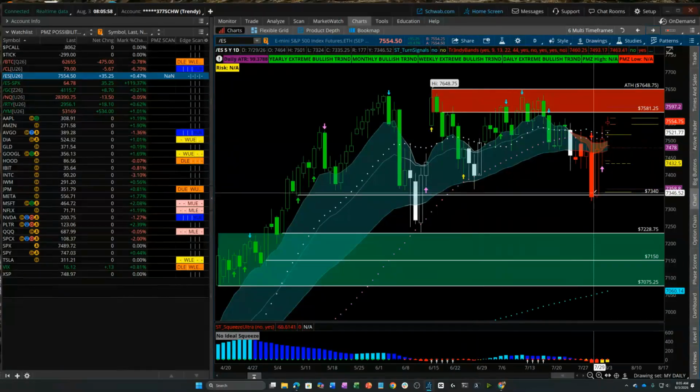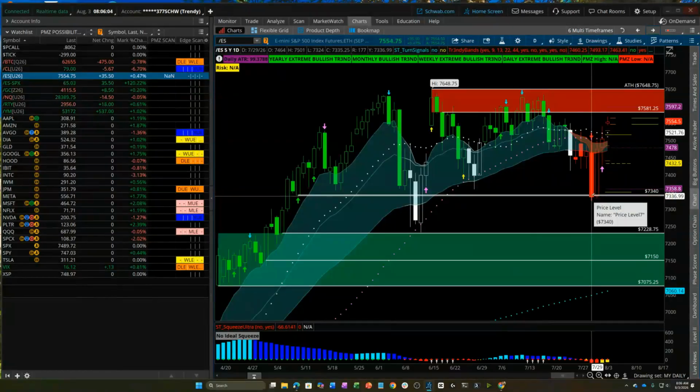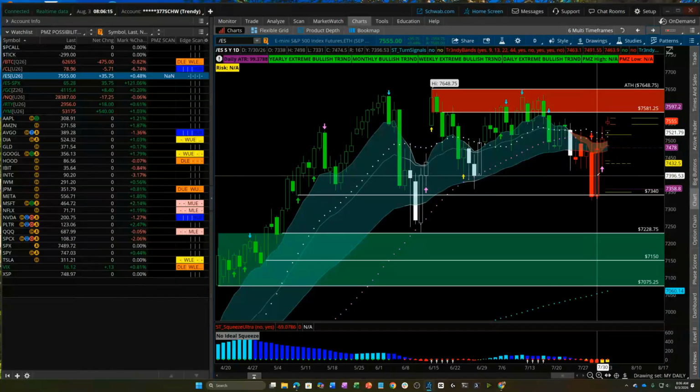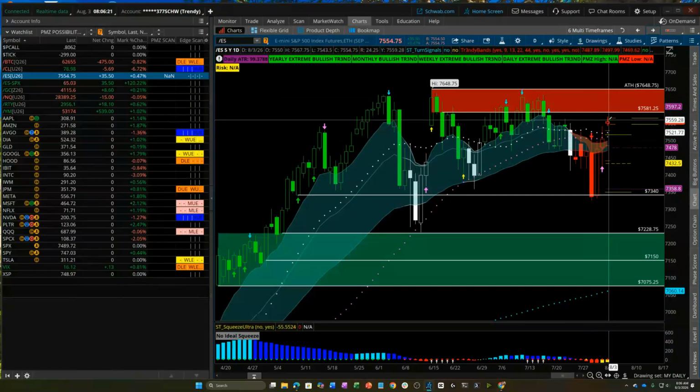Last week, while I wasn't here, we pulled back to 73.40 with an almost perfect touch of that level. Then on the 29th, and then on the 30th, a beautiful bullish engulfing candle. And then on that Friday, you had a continuation day, and a continuation to the upside today.